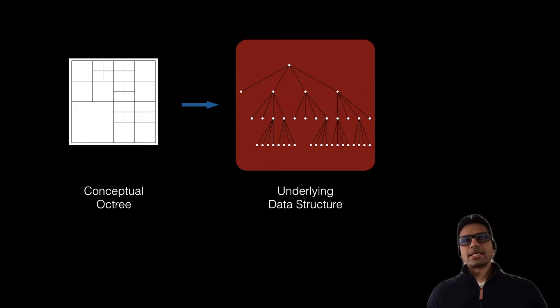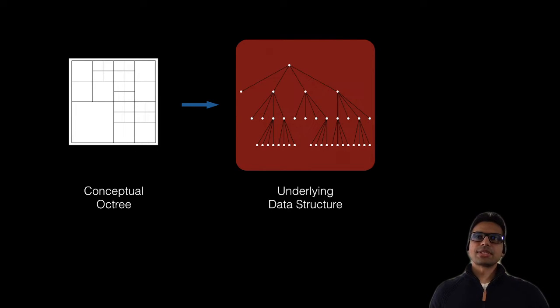So adaptivity is a common problem that has been studied in computational geometry, and there are adaptive data structures such as this conceptual quadtree shown on this slide. These quadtrees are conventionally represented using these tree-based data structures shown on the right. And as a consequence, they have pointer-based implementation.